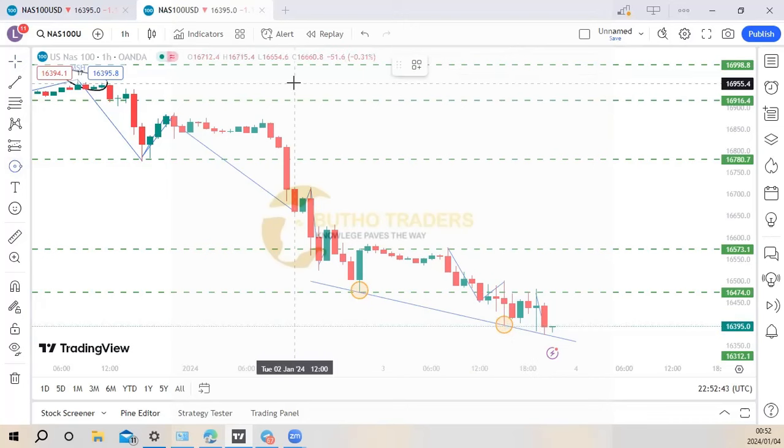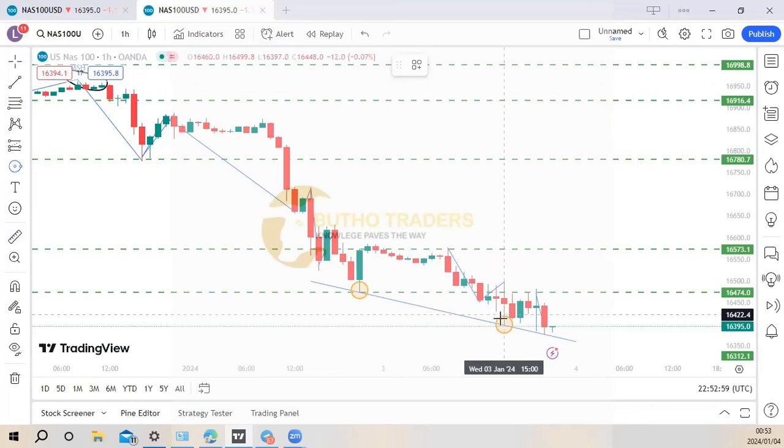Remember, on this trend line trading strategy, you have to have first 2 points. And when you're drawing your first 2 points, you mustn't cut the wicks of your candlesticks. By wicks, I mean this bottom part of the candlestick.